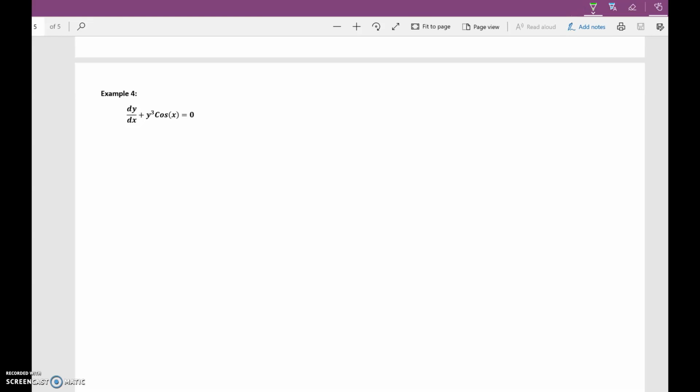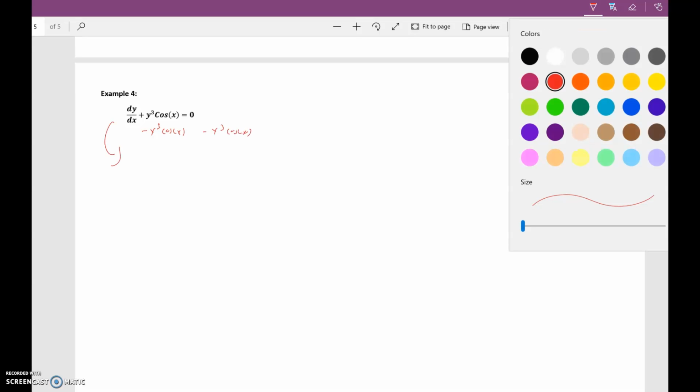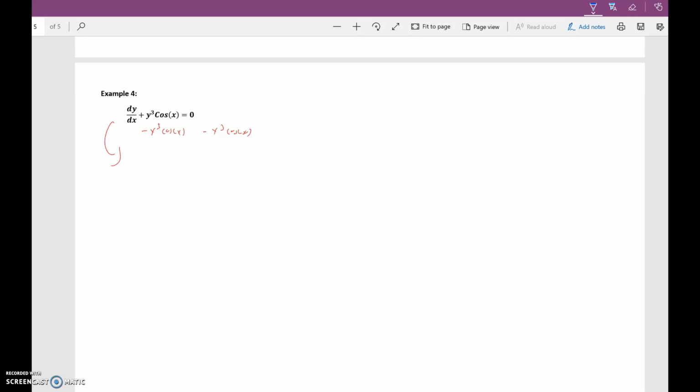So as we try to solve and find the actual y value, let me just subtract the y to the third cosine of x. So minus y to the third cosine of x. And in the resulting equation, we end up with dy over dx is equal to negative y to the third cosine of x.